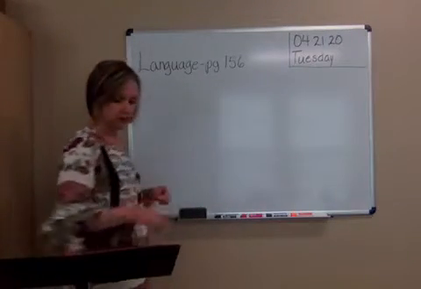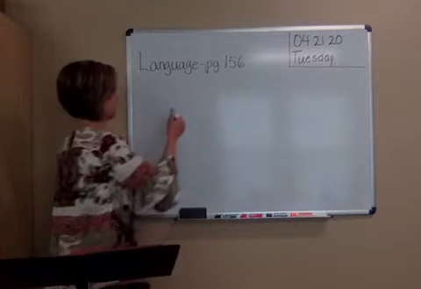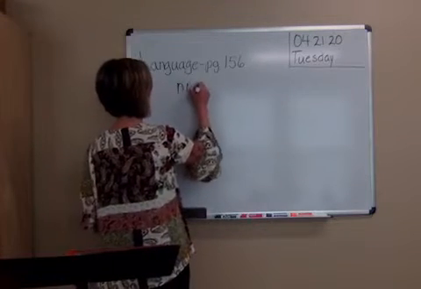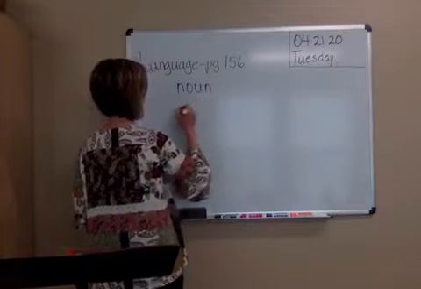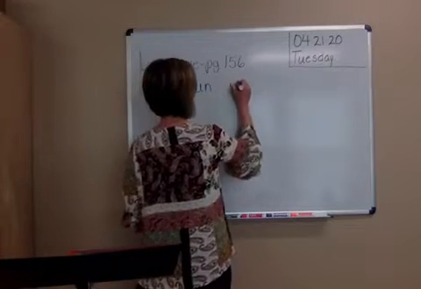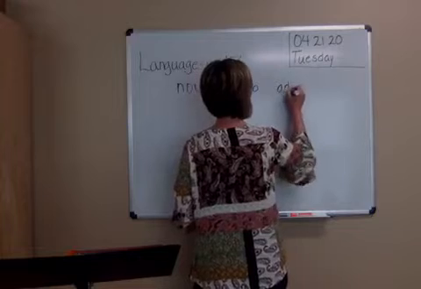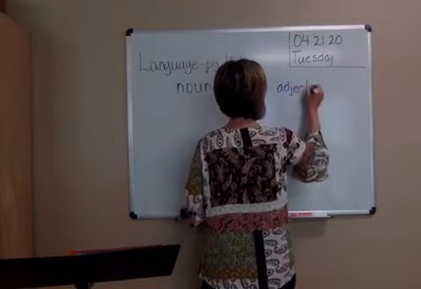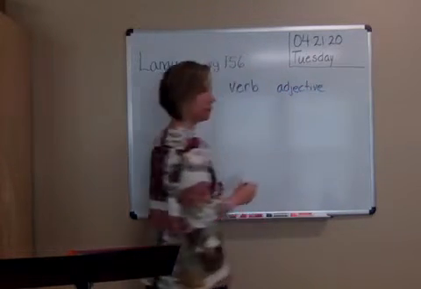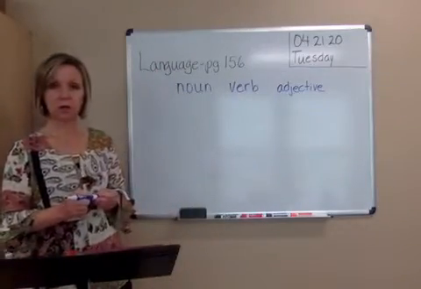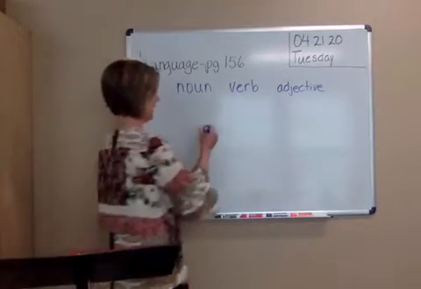We have talked about, a long time ago, parts of speech. We've talked about a noun, we've talked about a verb, and we've talked about an adjective. Well, today we're going to add a part of speech called an adverb.